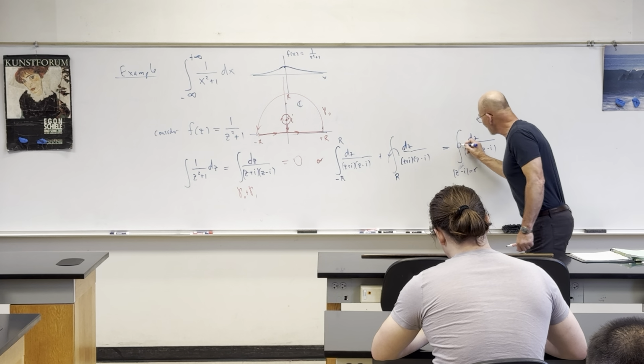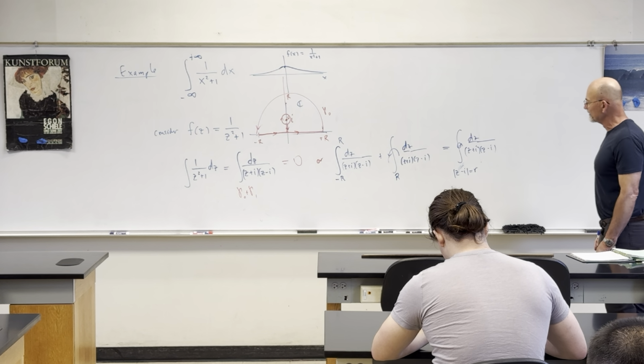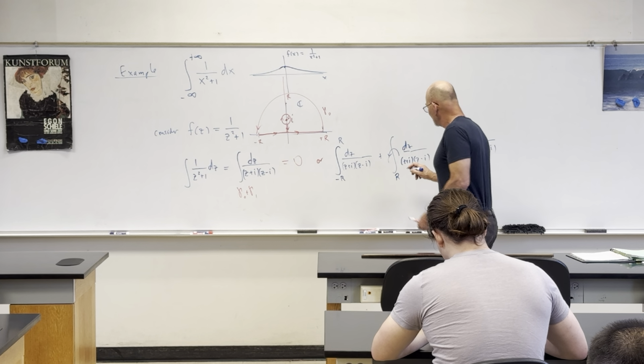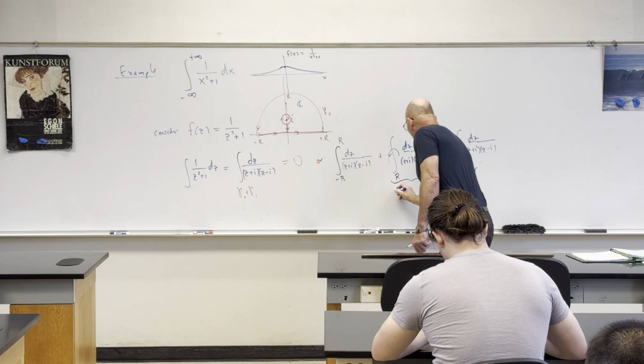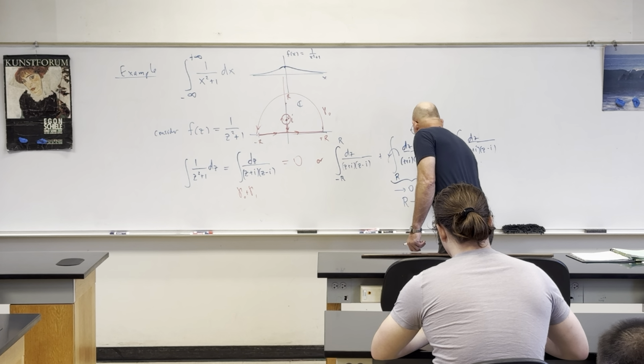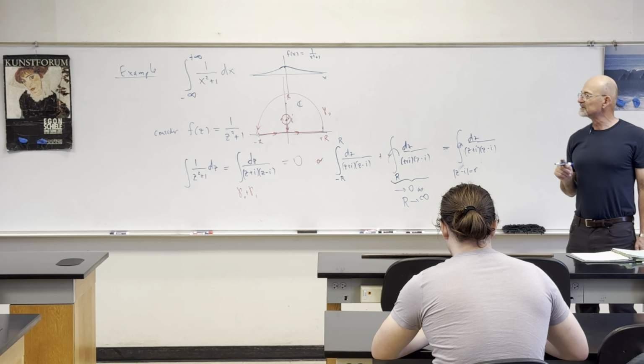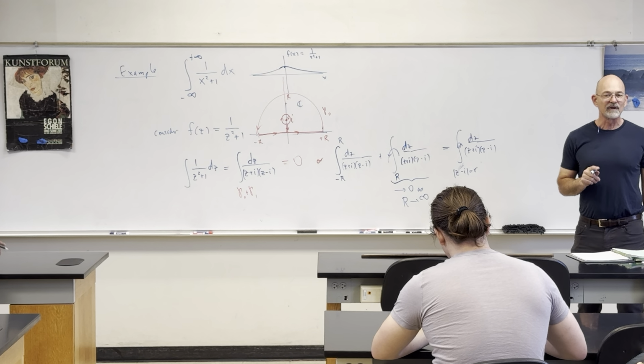So we can draw the orientation here to make sure we got it right. Okay. So as r goes to infinity, this one goes to 0. That was the example we did this week with Darboux's inequality.